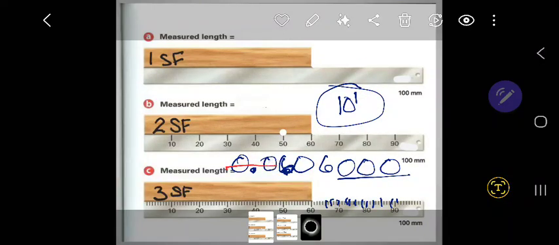Like, these are never significant. These are always significant. The scientific notation helps you deal with what are called trailing zeros, which are the ones to the right of the last non-zero digit. And again, cannot recommend scientific notation enough. Use it if you're in doubt as to how many sig figs you should have.